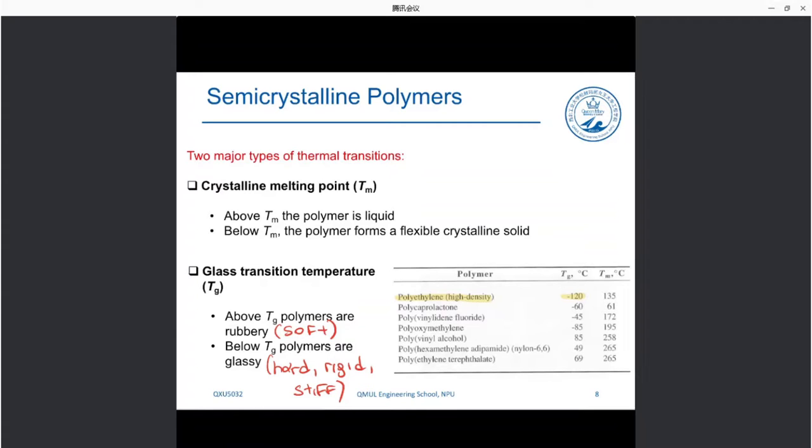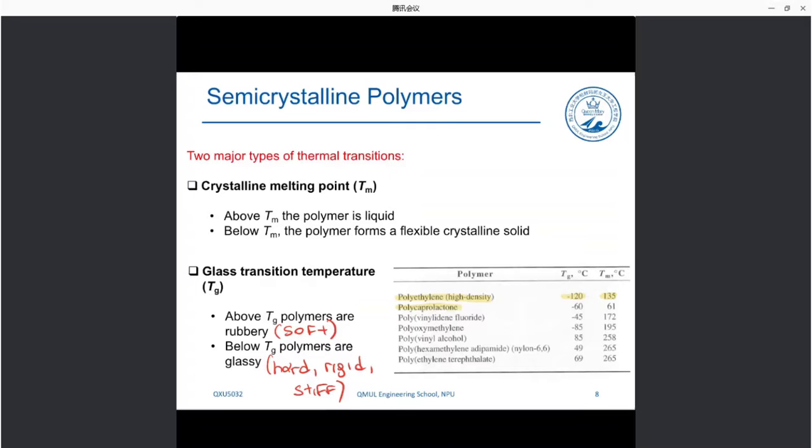That means that at any point that we experience polyethylene, this material is above its glass transition temperature. That is why it's always very stiff and hard, okay? And that is why it operates very well in engineering applications where we need a stiff, rigid material. Its melting point, though, if we want to process it, if we want to melt the material in order to give it a useful form for us, that can be any type of application where we use polyethylene, its melting point is 135, okay?